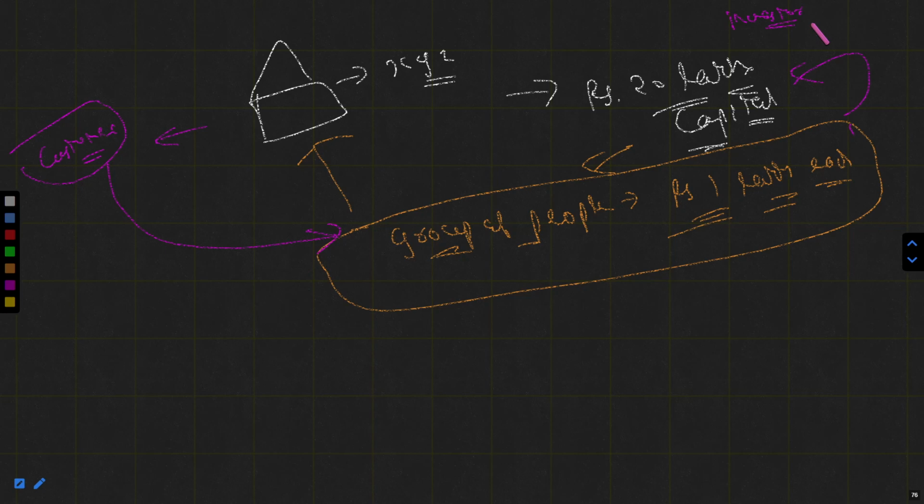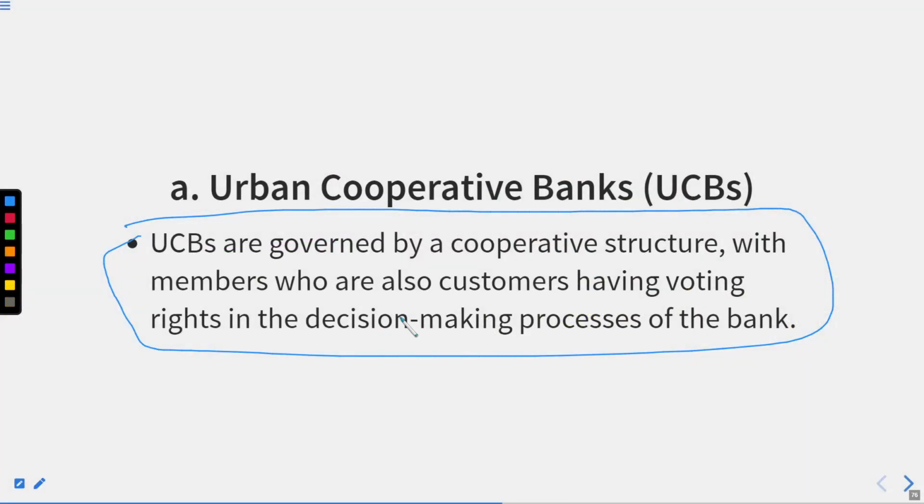Okay, so we can say in the cooperative banks, the customer is also the shareholder or investor. Okay, so in parallel to the customer rights, they also enjoy the ownership rights, like the voting rights in the decision making process of the bank.